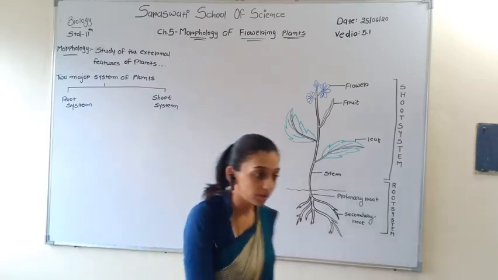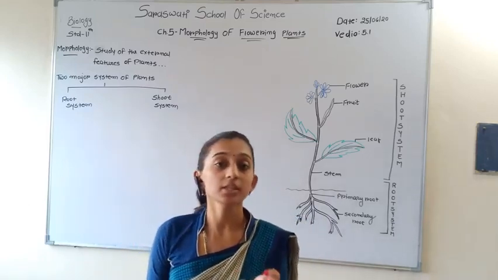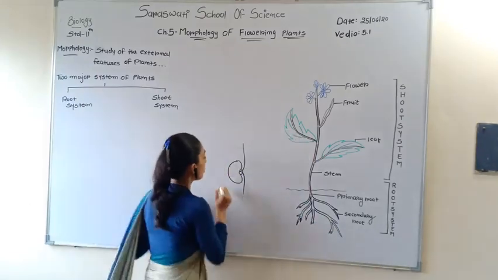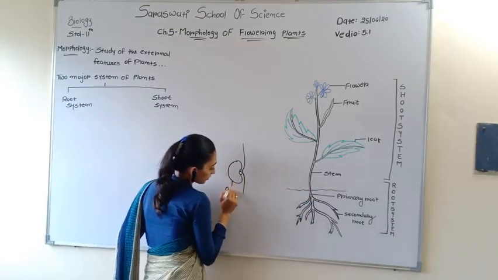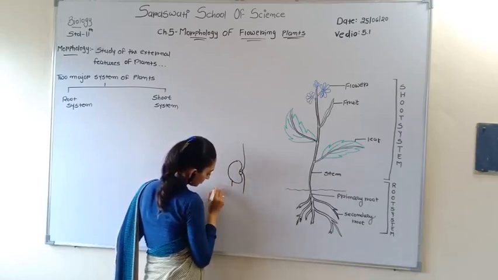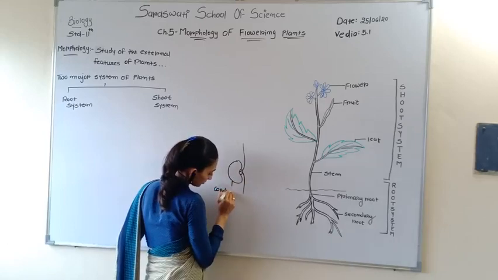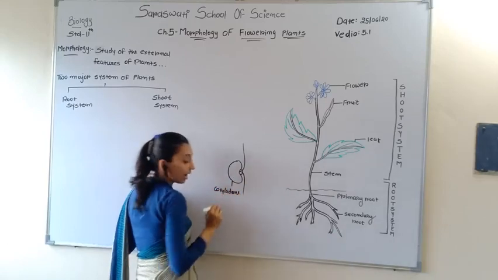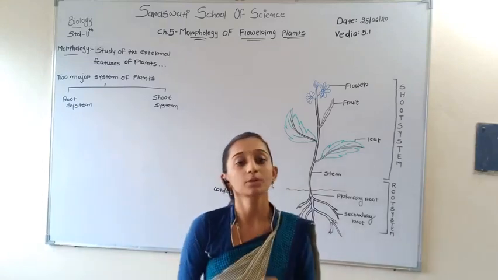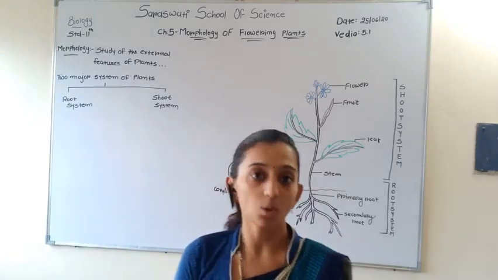You have already seen the seed. In the seed, the outer coat of the seed is known as the cotyledon.